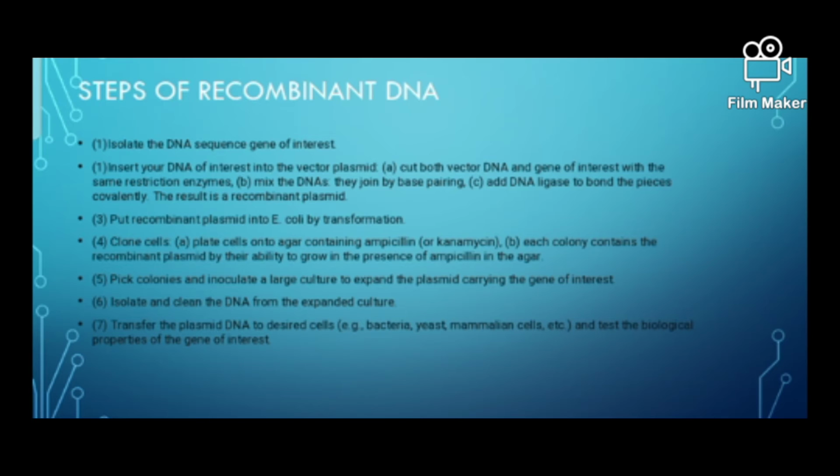Fifth step, pick the colonies and inoculate a large culture to expand the plasmid carrying the gene of interest. Sixth step, we're gonna isolate and clean the DNA from the expanded culture.